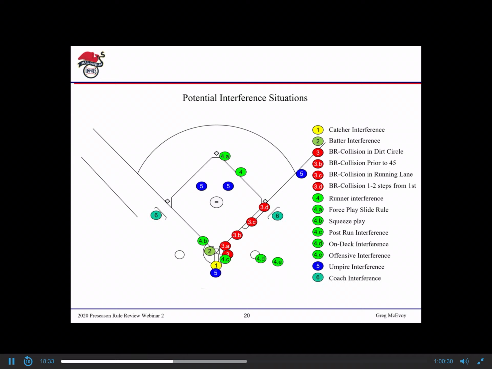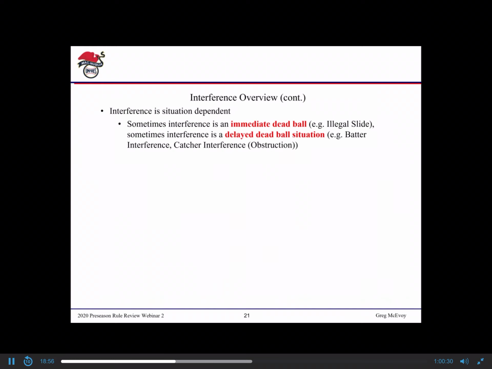Coaches may inadvertently interfere, so we need to be prepared to rule on that. And then spectator interference, again, I don't think we'll see that, at least not for scholastic ball, because most of the fields are enclosed. When you get into rec ball, then the fields become a little bit more open, and you might have a problem there, or possibly at some of the private schools.